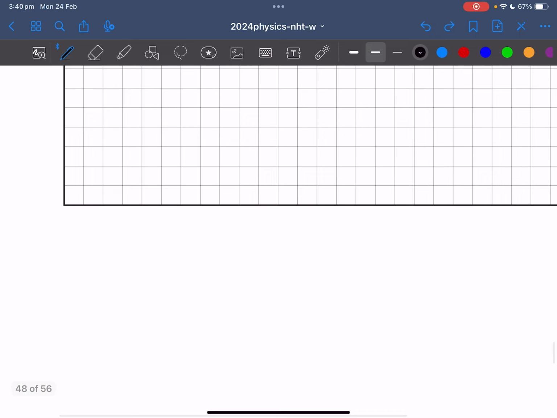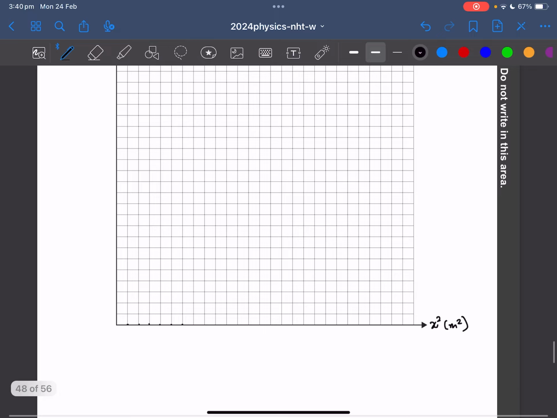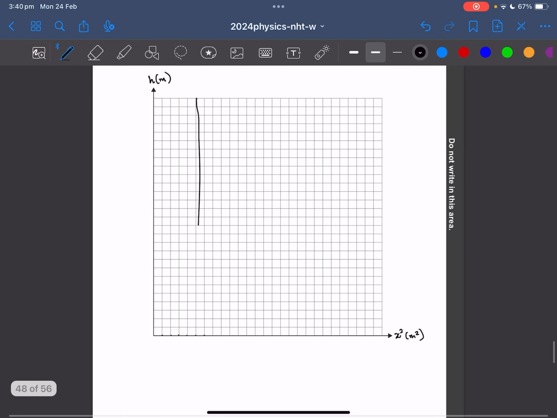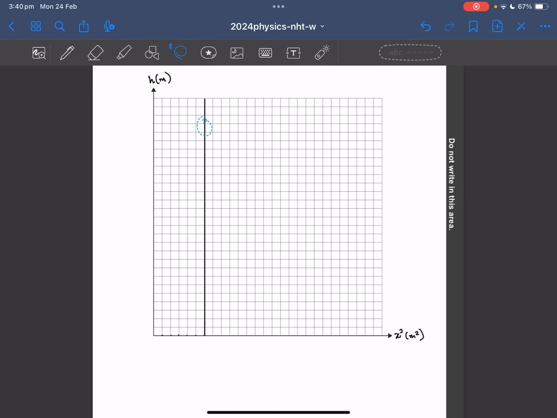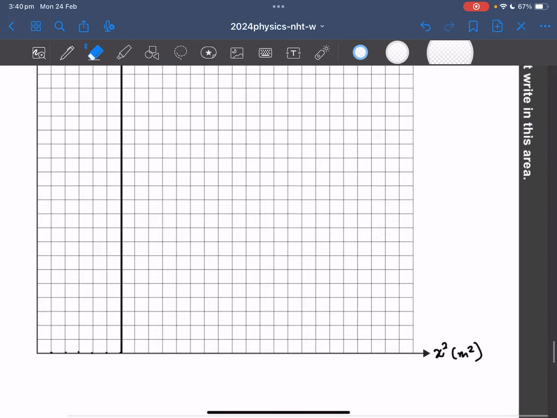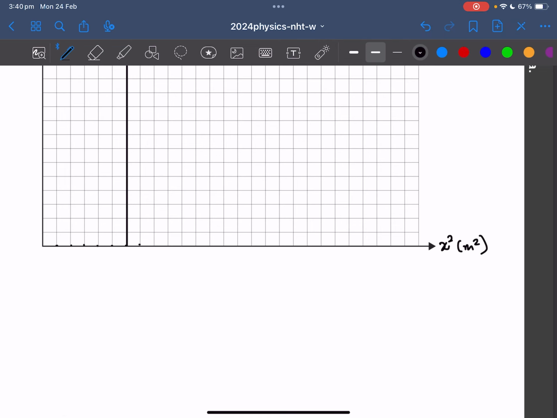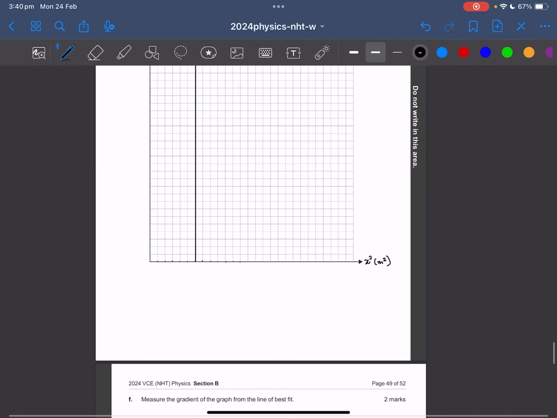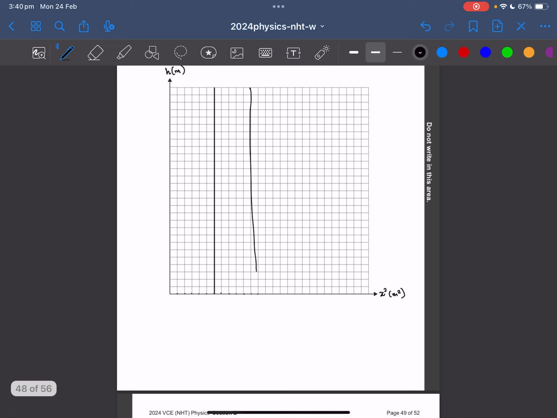So 1, 2, 3, 4, 5, and 6. Okay, so let's draw a line here. It's a way off, but like that. Okay. 1, 2, 3, 4, 5, 6. Another one here. Like so.